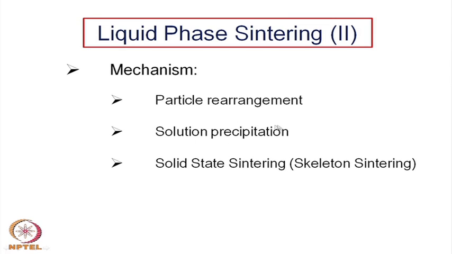Solution and precipitation is another mechanism, and finally, solid state sintering also takes place towards the later stage of the sintering process. By the time the densification has already taken place in presence of the liquid, because of the reprecipitation the liquid gets solidified, and then solid state sintering takes over.